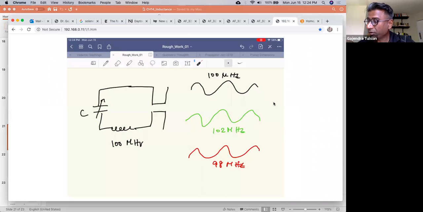So going back to this, if the natural frequency of this circuit was 100 megahertz, let's say you have many different signals, only the signal that matches the natural frequency will drive a large current. This will drive a very small current, this will drive a very small current.